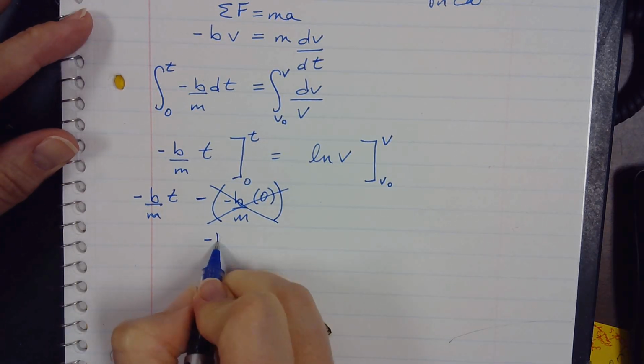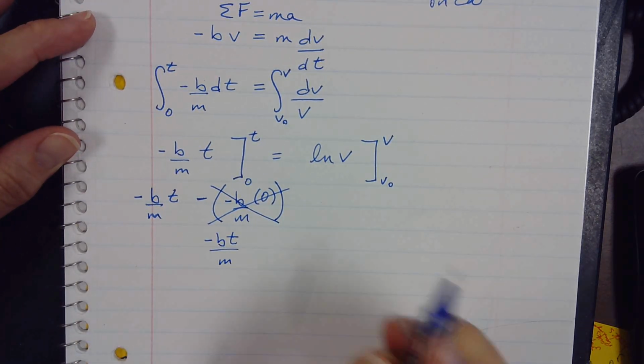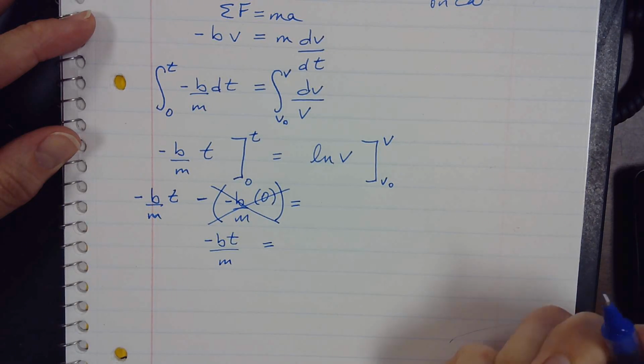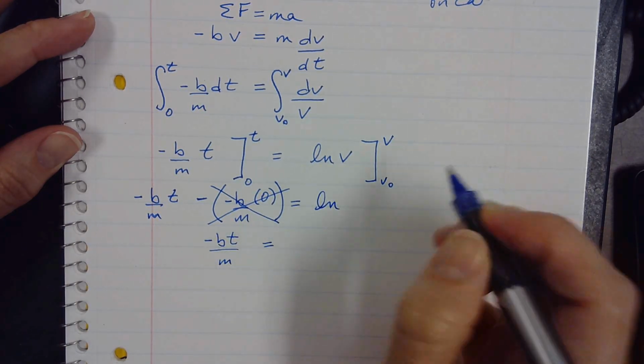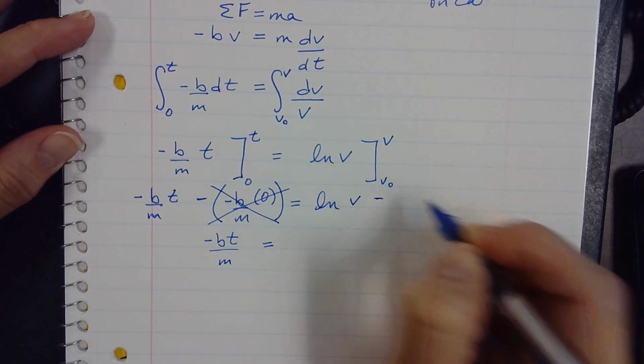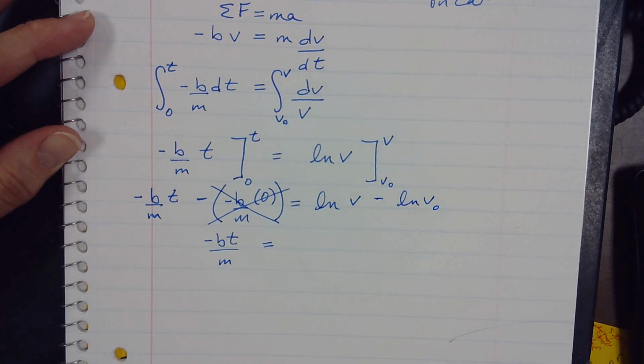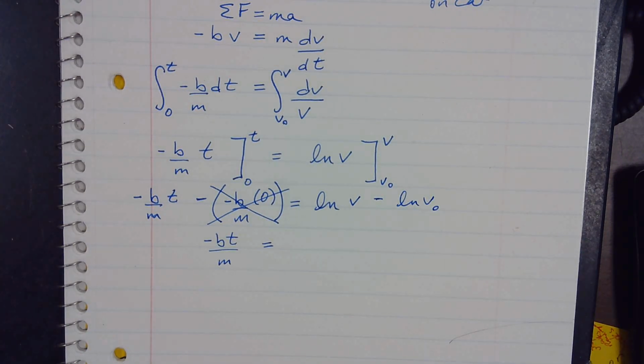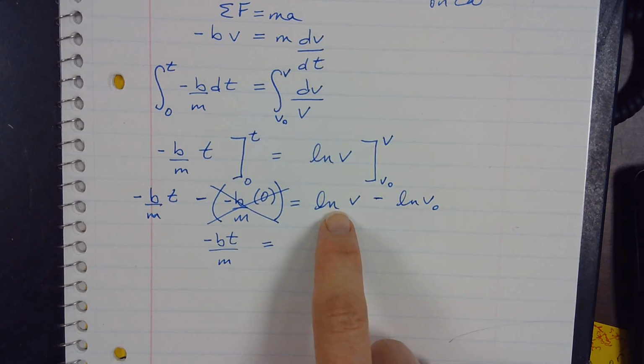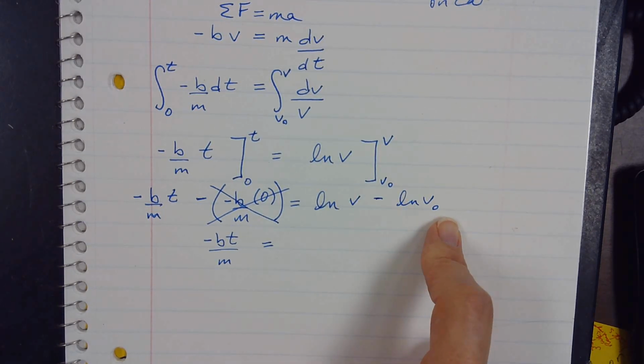And my left side is just bt over m equals, over here, natural log of v minus natural log of v naught. Okay, so everybody remembers this is the fundamental theorem of calculus. The first one or second one, I never remember. But after you integrate, you plug in the top number and you subtract out the bottom number plugged in.